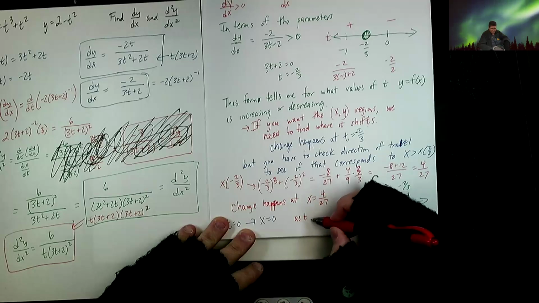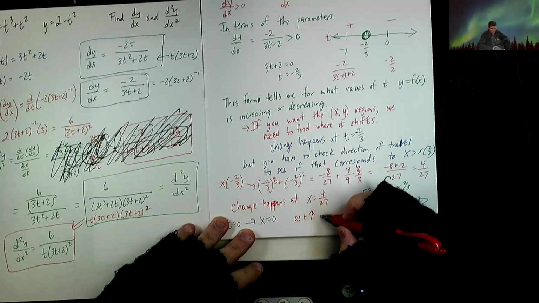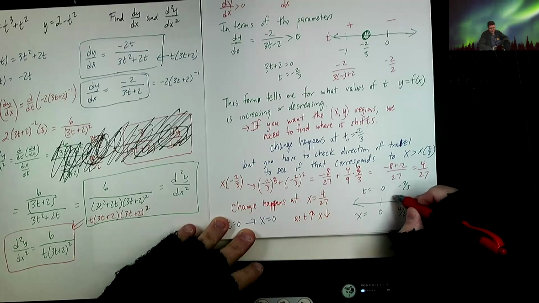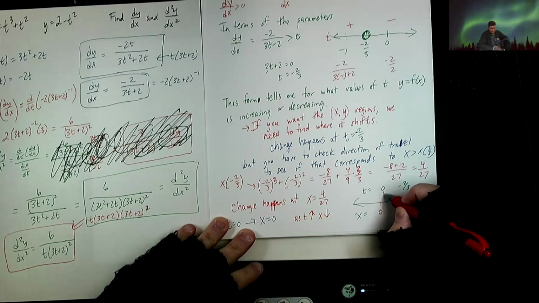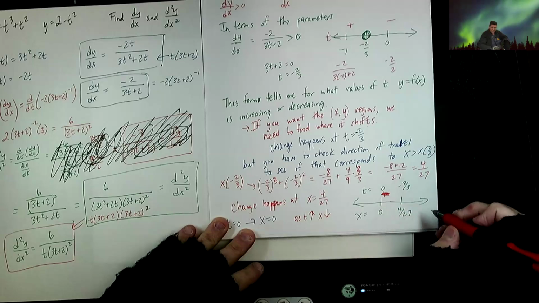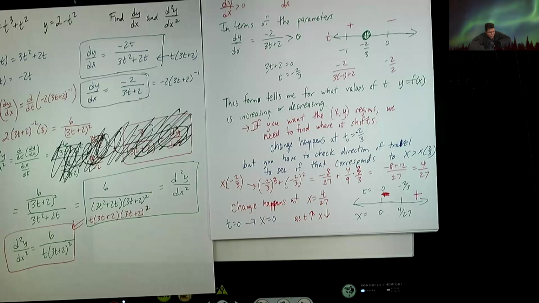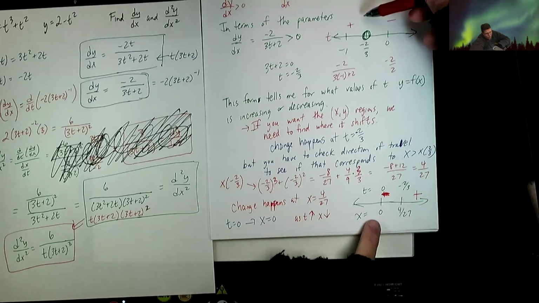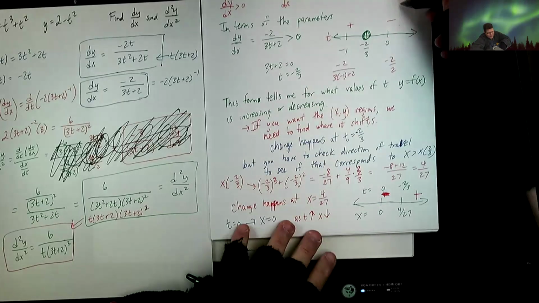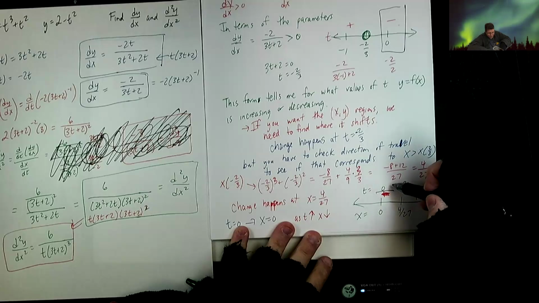As t goes up, it went from negative 2/3 to 0, went up, x went down, which means the regions of increase are negative over here and positive over here. I'm matching the signs up with where x of 0 was up here. So I'm grabbing this and matching that up with this.